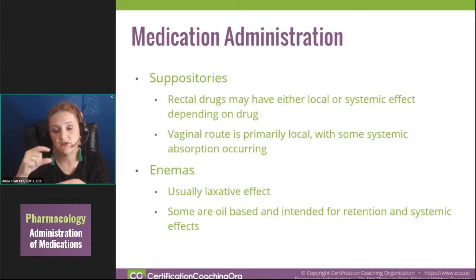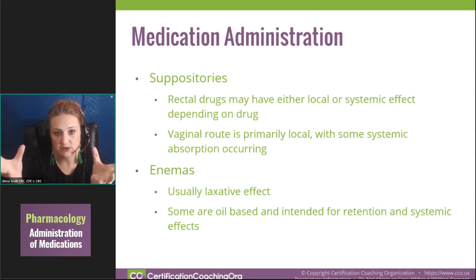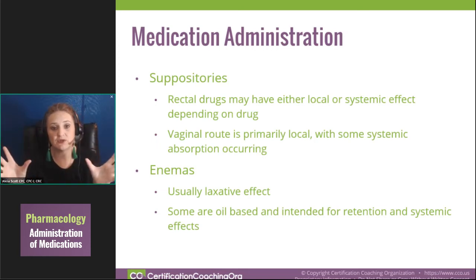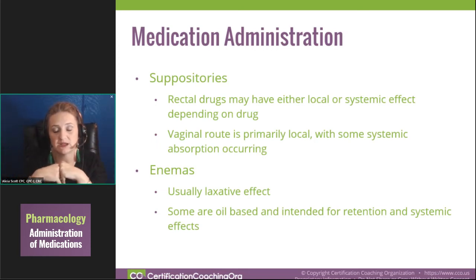So we would give them a Phenergan suppository, which would be absorbed through the mucosal membranes of the rectal tissue, and then it would go systemic through the body and would calm the stomach, and hopefully they would not have nausea and would not throw up anymore. Okay, so again, depending on what the drug is, suppositories could be local or systemic.